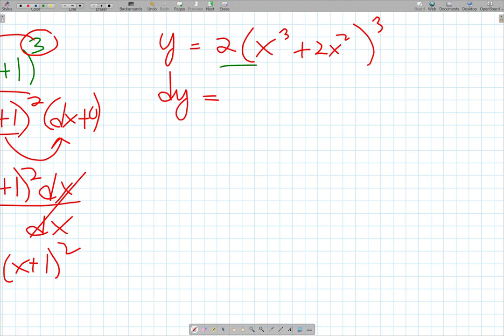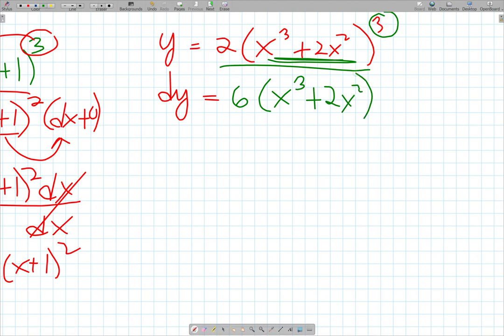Ganun pa rin, unahin natin ang exponent 3 bago tayo pumunta dito sa loob. So 3 times 2 is 6, then kopyahin ang x cube plus 2x squared, and then close. Kopyahin lang yan. And 3 minus 1 is equals to 2.